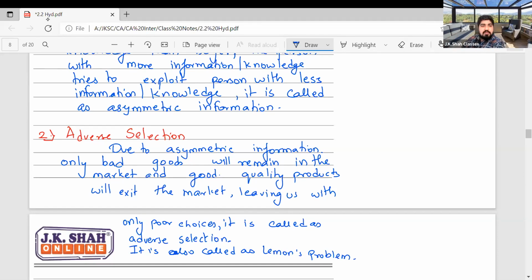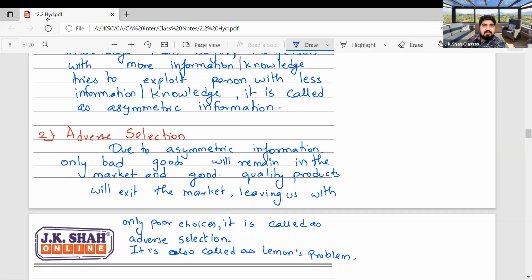What else do we have now? To select only bad products, correct? Now, if we select only wrong products in the market, what will happen to our productivity? What will happen to our health? What will happen to our peace of mind? It will be disturbed. And if that is disturbed, don't you think it will be moral hazard?